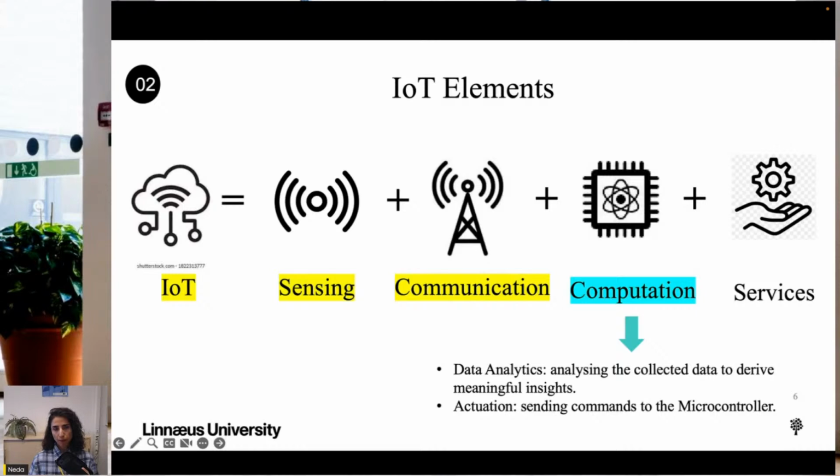For example, if a microcontroller receives a command to turn on a light, it will activate the necessary circuitry to illuminate the light bulb. Actuation allows for remote control and automation of various functions and devices connected to the microcontroller within an IoT system. So today we will see how we can send the command to turn on or turn off the light.